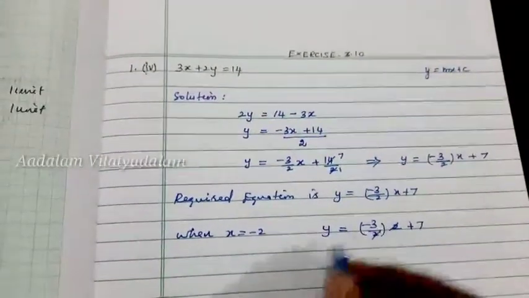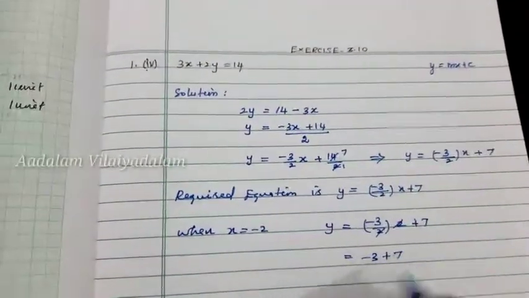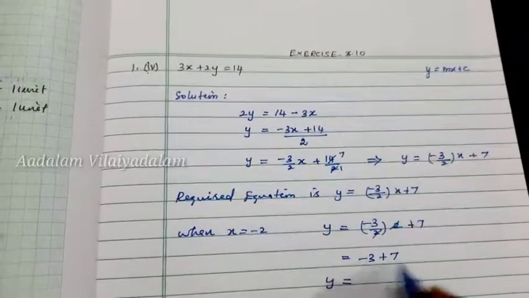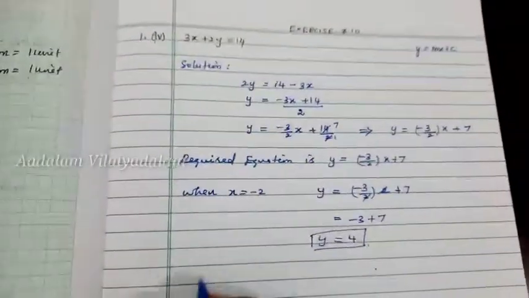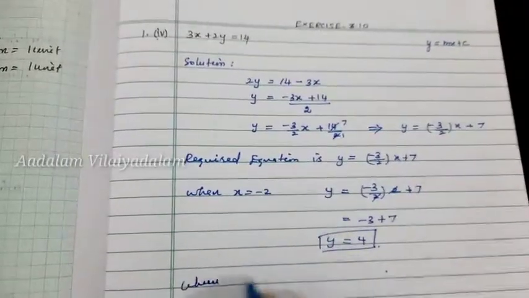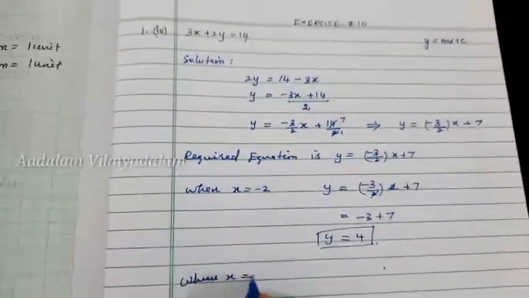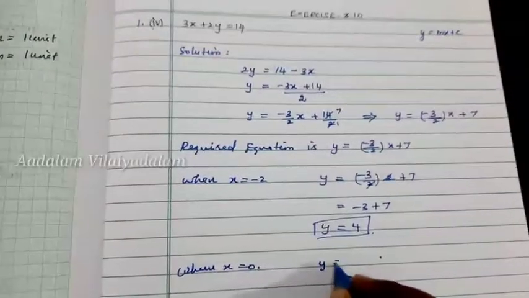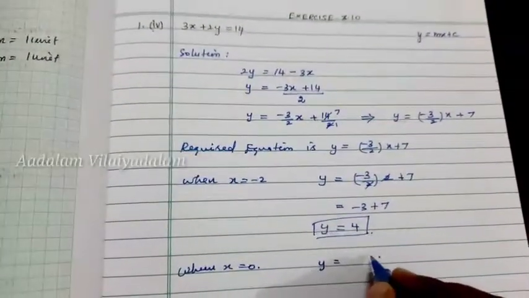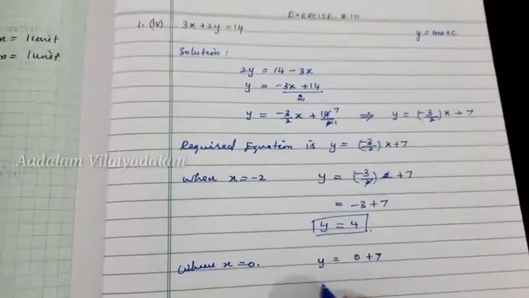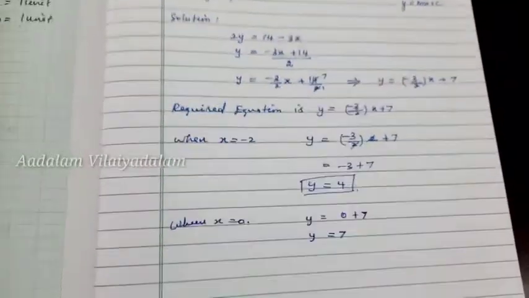By cancellation we get minus 3 plus 7. Then the value of y will be 4. Next, when x equal to 0, the whole term will be 0. Then we get 0 plus 7, that is y equal to 7.